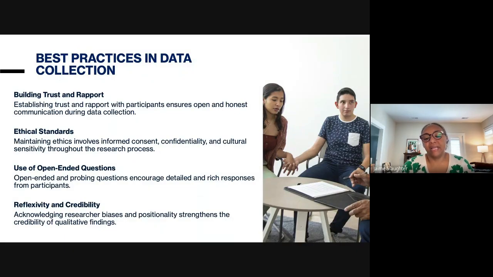That I may be afforded because of my skin tone. So speaking to that positionality, because qualitative research is subjective to some degree, we want to be transparent about where we are situated with respect to the participants and their lived experiences and the research question that's being asked and investigated.